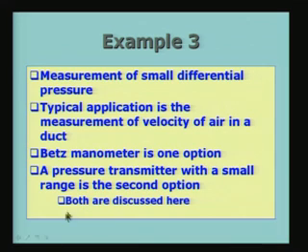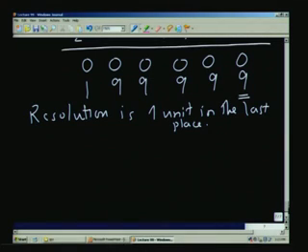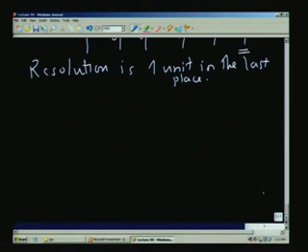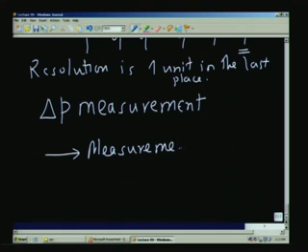So, what I will do is go to the board and look at a typical example. Let us look at a typical example of delta P measurement. This will correspond to the measurement of air velocity.